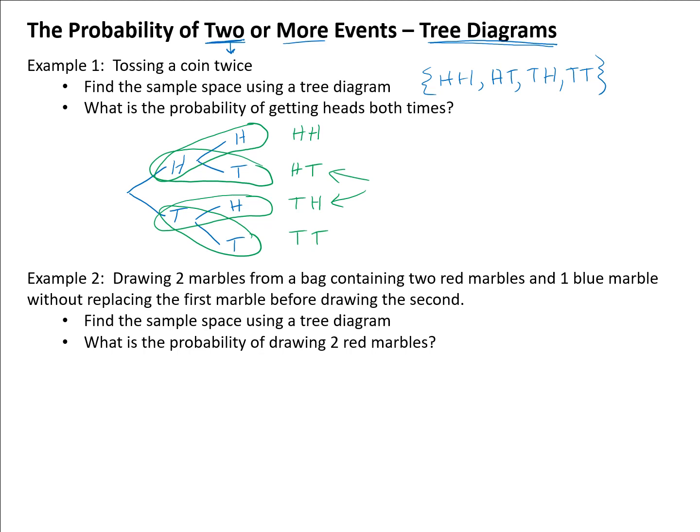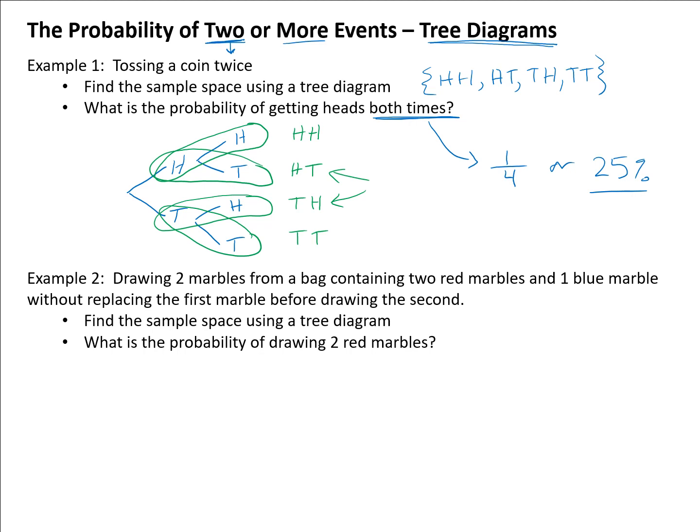Once we have our sample space, then we can use our rule for finding a probability to actually determine the probability of getting heads both times. There is only one way to get heads both times out of 4 different options. So this would be a probability of 1/4 or 25%. So you have a 25% chance of getting heads both times when you toss the coin twice.